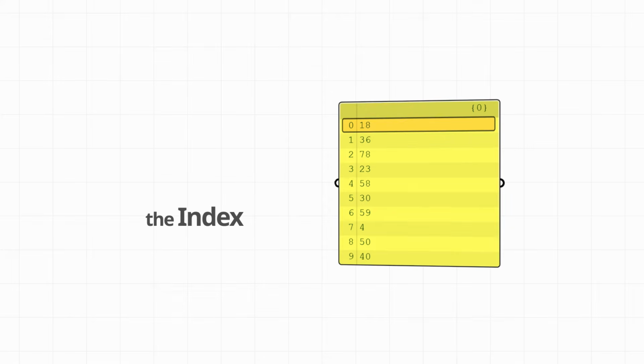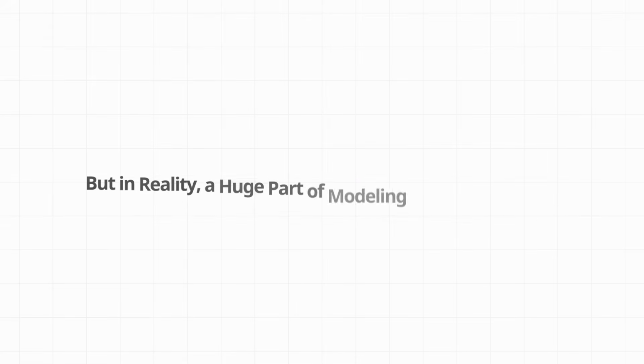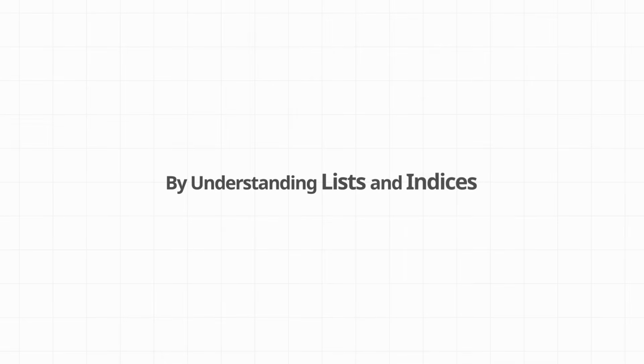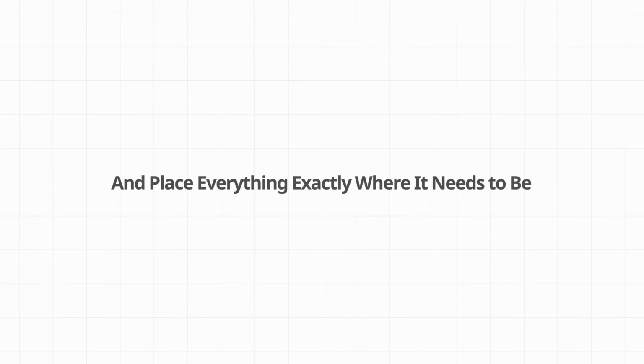So the first item is 0, the second item is 1, and it continues from there. This might sound simple, but in reality, a huge part of modeling in Grasshopper depends on this exact concept. By understanding lists and indices, we can precisely control our data and place everything exactly where it needs to be.